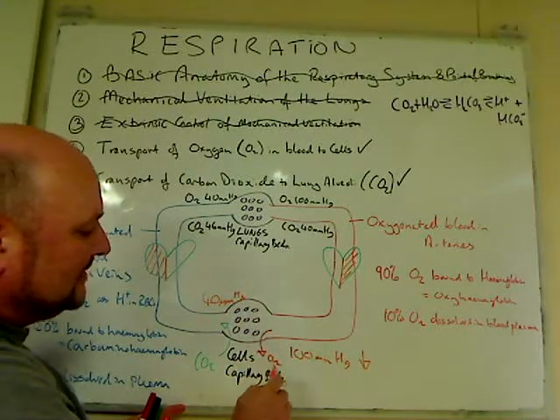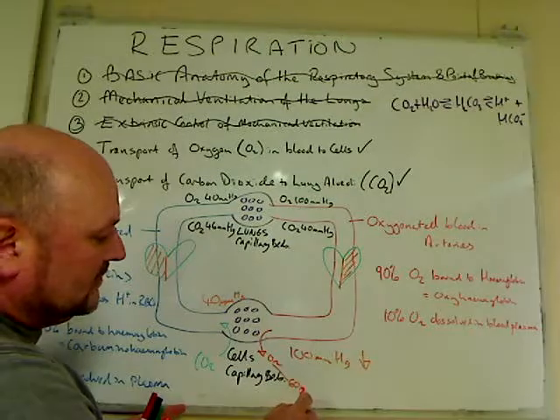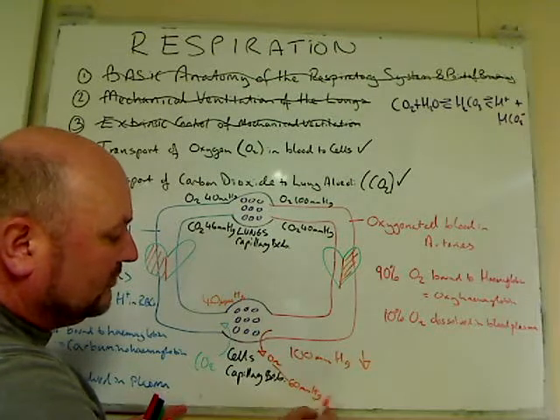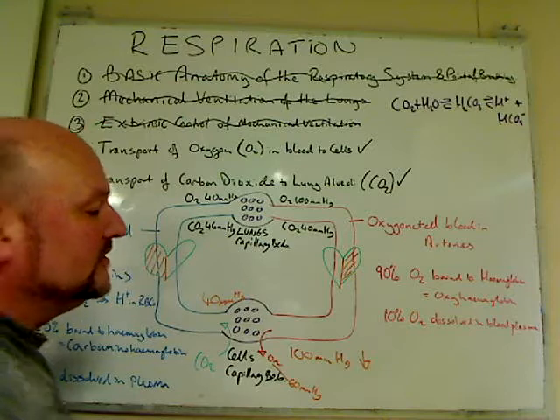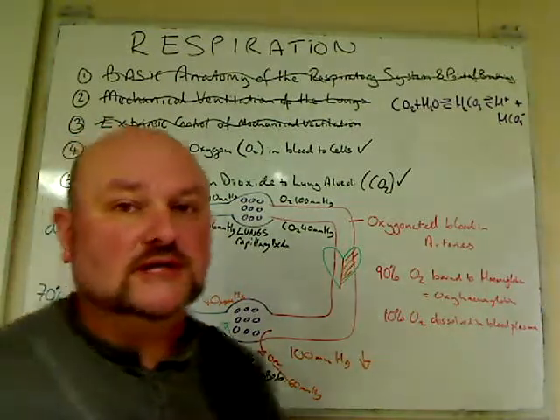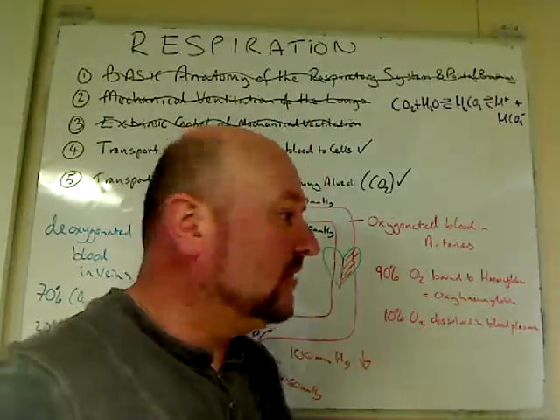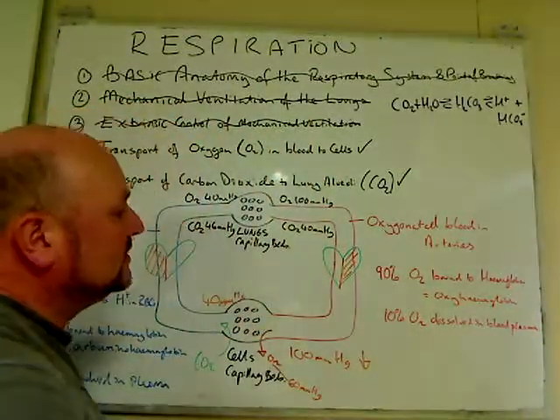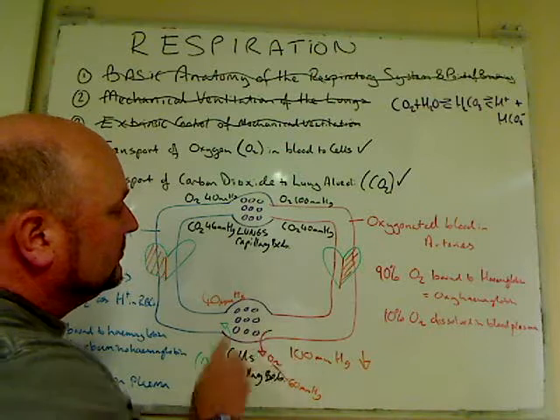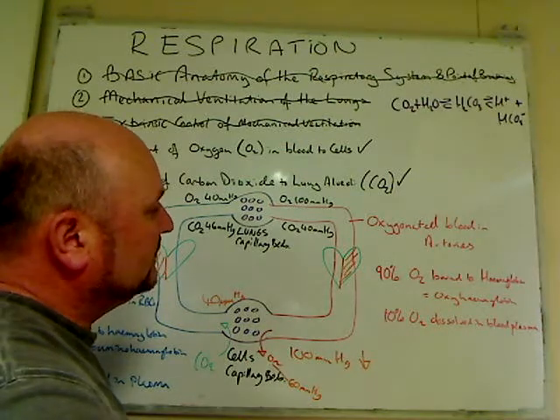So 60 millimeters of mercury pressure equivalent of oxygen has come off at the systemic capillaries feeding all of our cells. So we do get a fair bit of oxygen into our cells from the lungs through to the cellular capillaries.